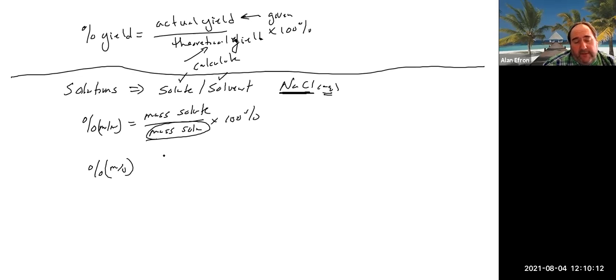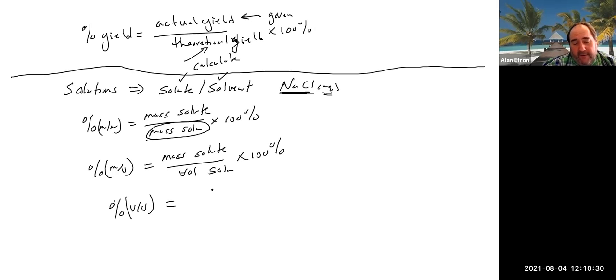Percent mass to volume is mass of solute over volume of solution times 100%. And percent volume to volume is the volume of solute over the volume of solution times 100%.